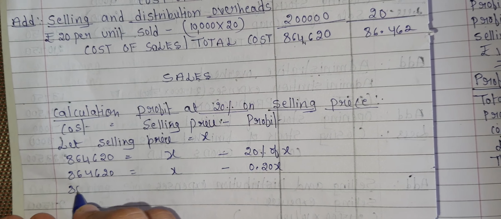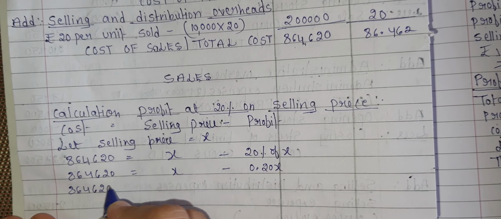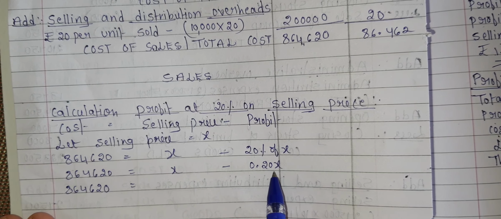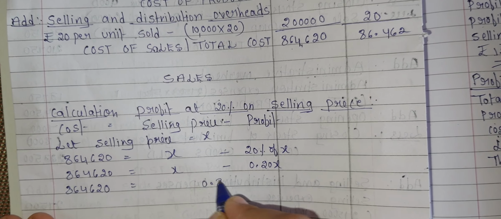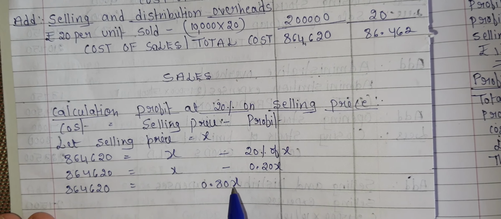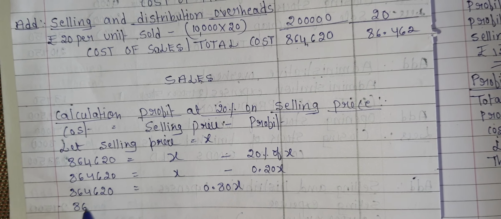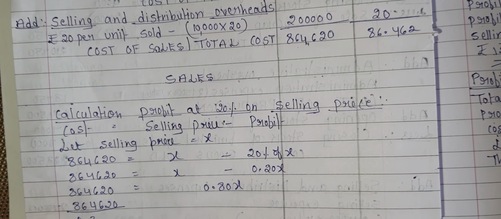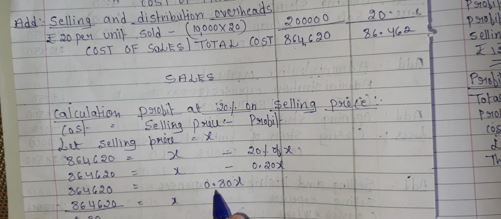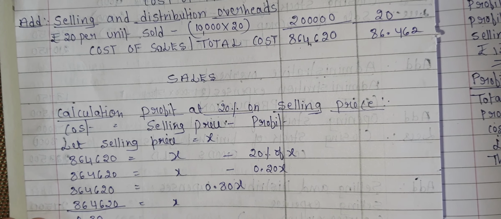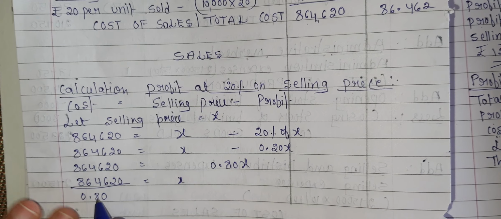Clear? Now 8,64,620 equals X minus 0.20X, means 0.80X. Clear? Now we have to find out the selling price here. 8,64,620 divided by 0.80 equals X. Here it is multiplication, right? It comes to this side, then we have to divide by 0.80.